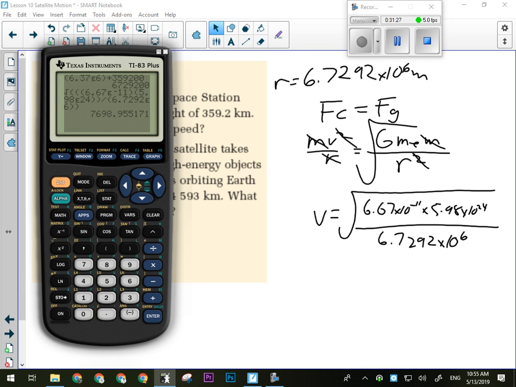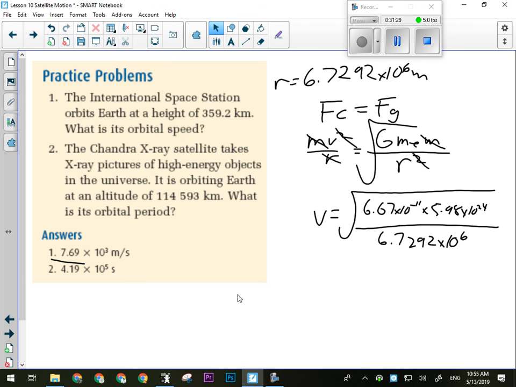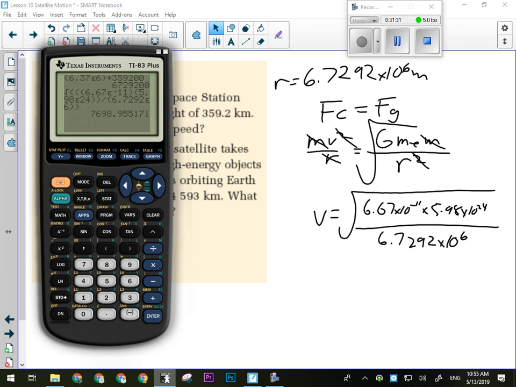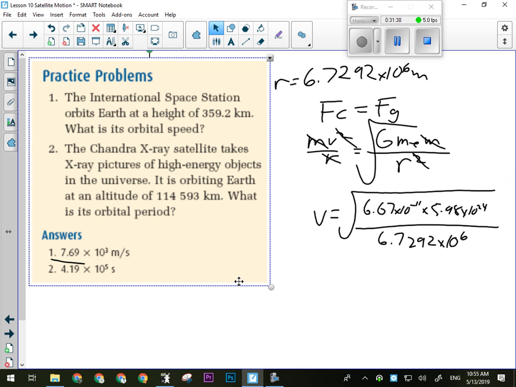Yeah, I guess we get the same number. It's close enough. We get 7.70, they get 7.69. So close. Times 10 to the 3 meters per second.